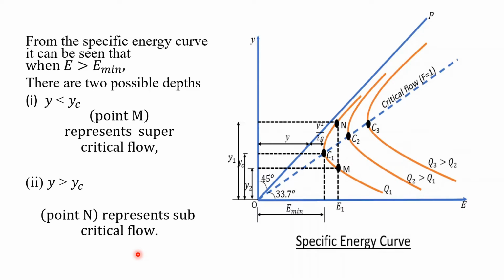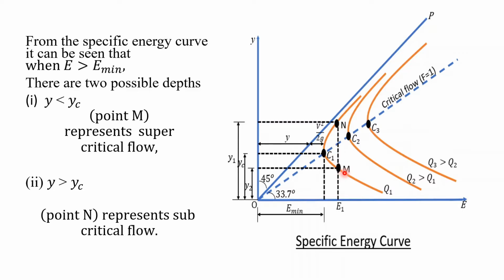If a vertical line MN representing a given specific energy E1, where E1 is greater than E minimum, is drawn, it intersects the specific energy curve at 2 points M and N. These points M and N represent two possible depths of flow which are known as alternate depths.